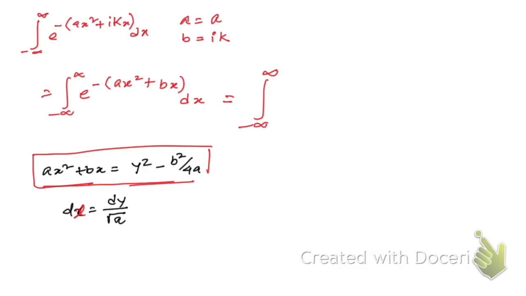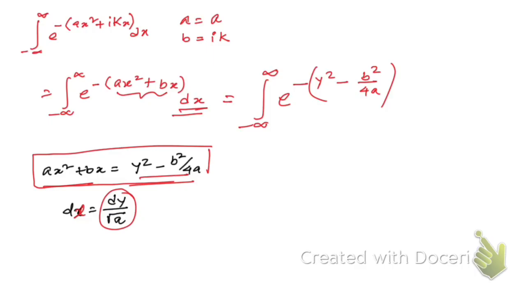Here we don't need to change the limit, because when x tends to infinity, then y also tends to infinity. So that's why e to the power minus, here you see this term can be replaced by this, that is y square minus 4b square by 4a. Okay, that's what we can do, and this dx will be replaced by dy by root a, not only a.